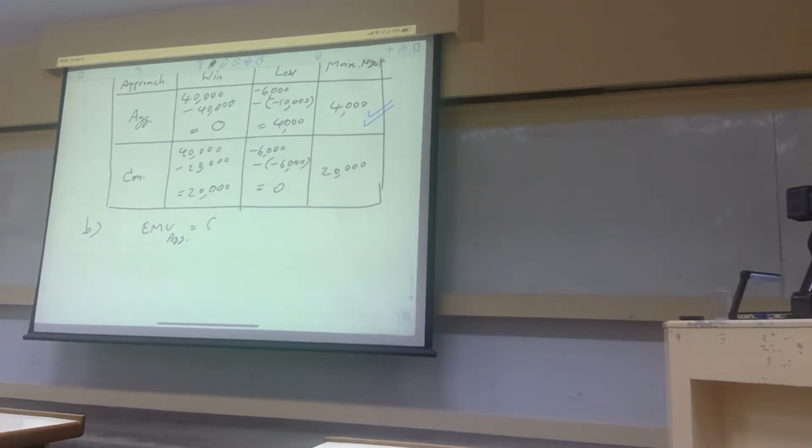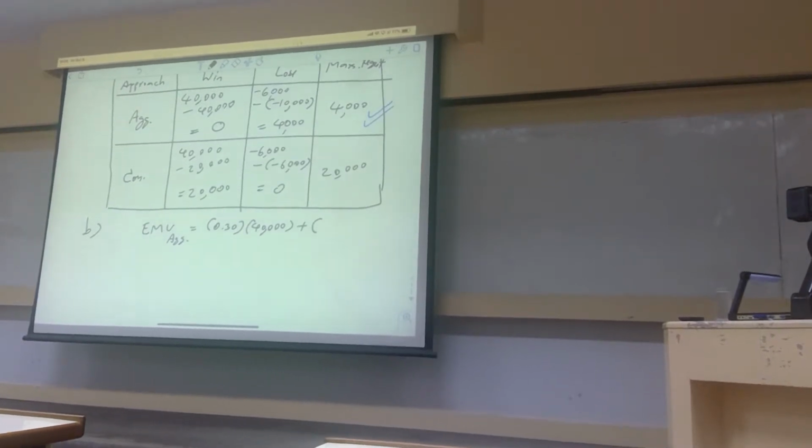We have 0.3, the probability of winning the case, multiplied by the payoff of the aggressive approach, 40,000, plus the other case, 0.7, the losing case, multiplied by minus 10,000. So we're going to have 5,000.